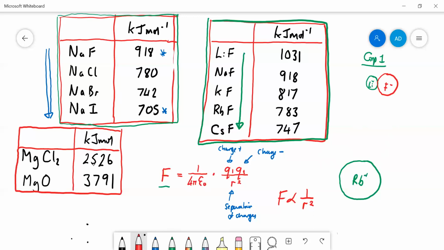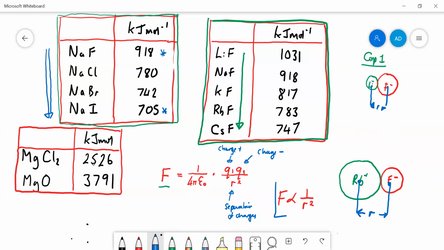the fluoride ion is the same size. Let's look at the separation from the midpoint. There we've got R, quite a big separation between the rubidium and the fluorine. With the lithium and the fluorine, from the midpoint of that one to the midpoint of that one, R is a lot smaller.